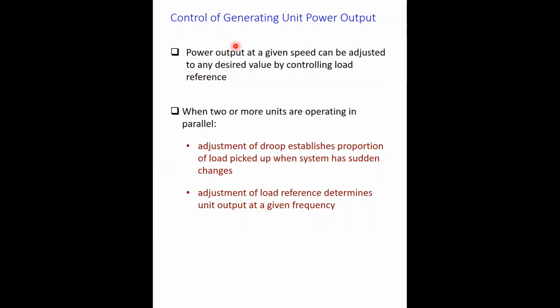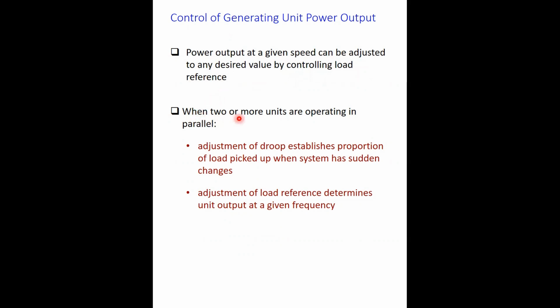So with this, the output power for a given generator can be adjusted to any value through controlling the reference set point on the power set point. So that means we want to adjust the output power of a generator according to the reference change in the power you want here.